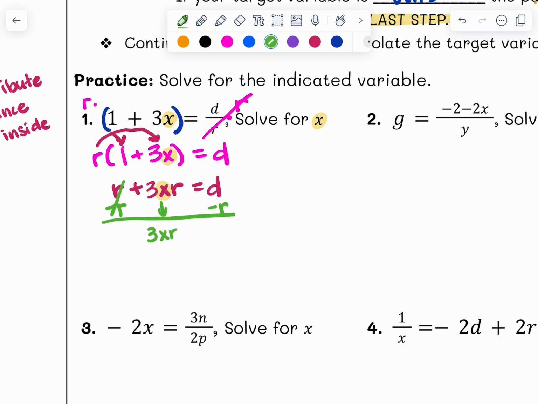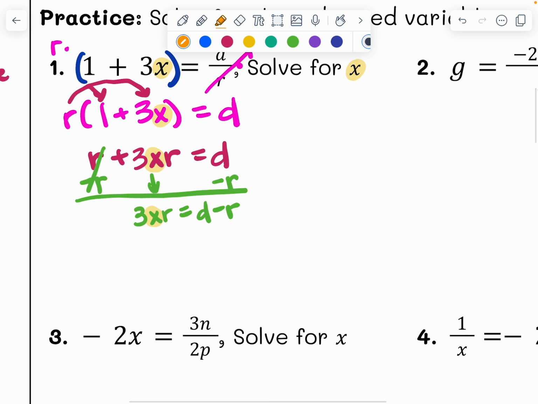Three xr equals D minus r. And the last step is to divide by 3r. We can divide by those at the same time because they're both being multiplied by x. We can cancel them out at the same time. So my final answer is x equals D minus r over 3r.